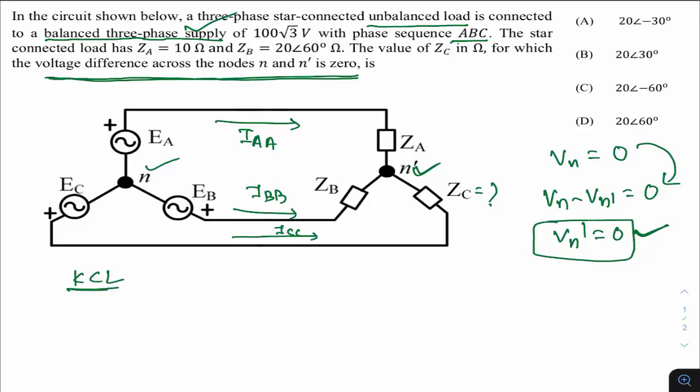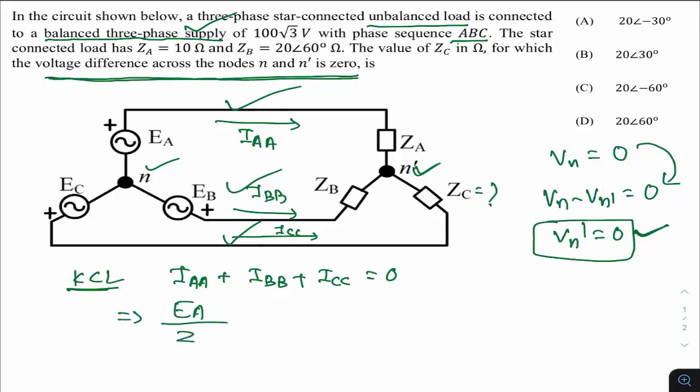If I'm writing the KCL at node N, all currents are outgoing, so IAA plus IBB plus ICC, the sum of the outgoing currents, should be 0. Or if you write at N dash, the sum of the incoming currents is 0. That is also okay. So what is IAA? IAA is basically EA divided by ZA. What is IBB? This is EB divided by ZB. And ICC is basically EC divided by ZC. This equals 0.